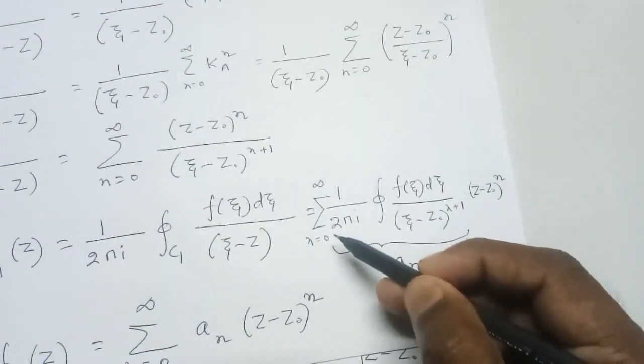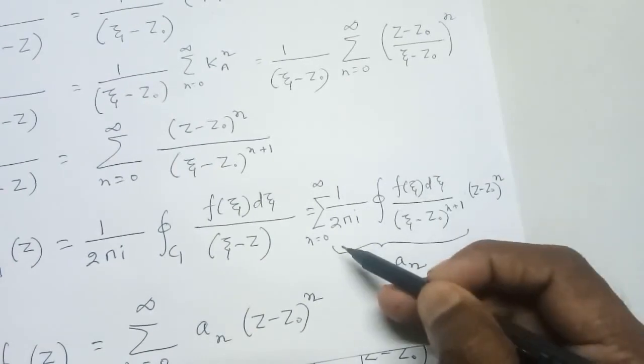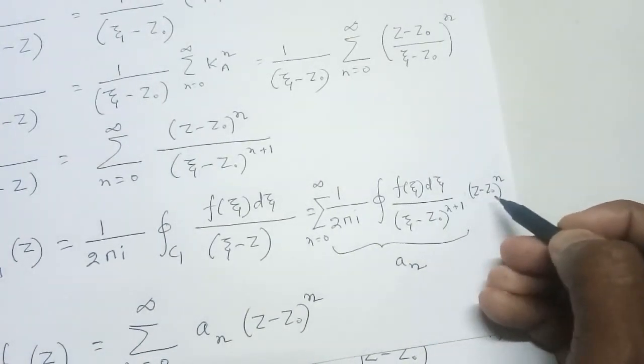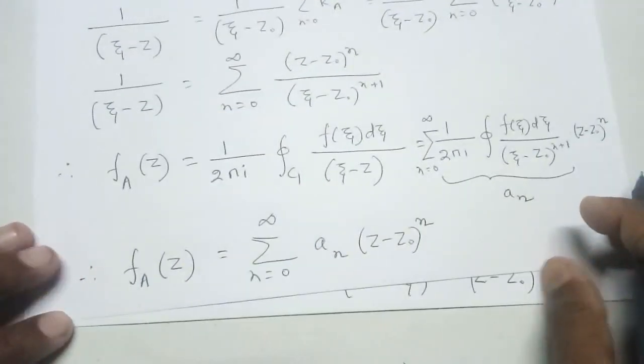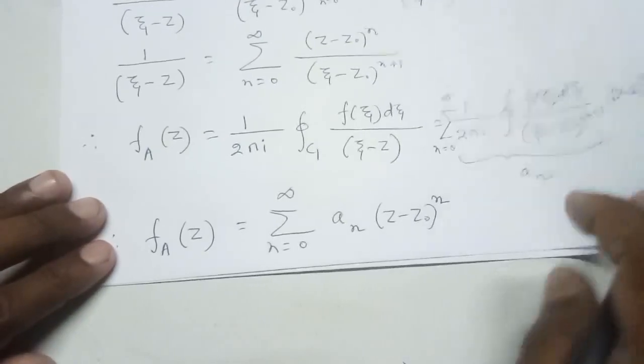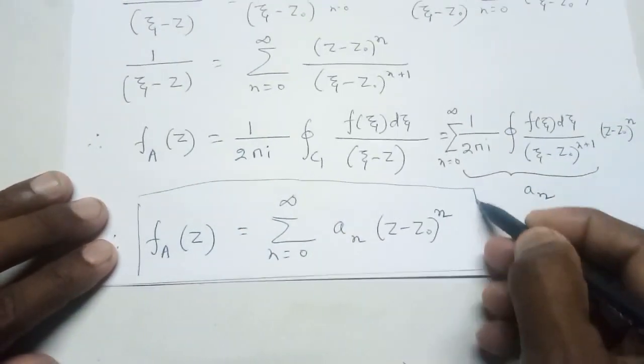Here 1 by 2 pi with this integration is termed as an, with (z minus z0) to the power n. So we are able to evaluate the analytic part, which is this.